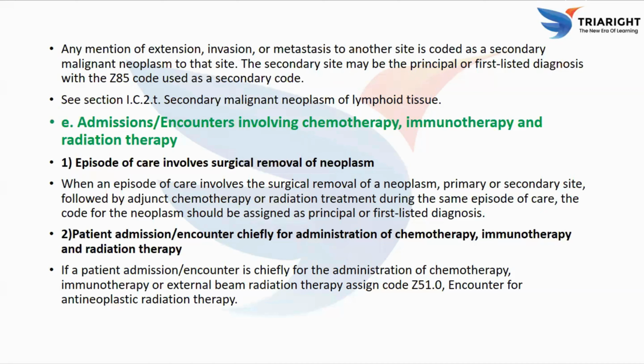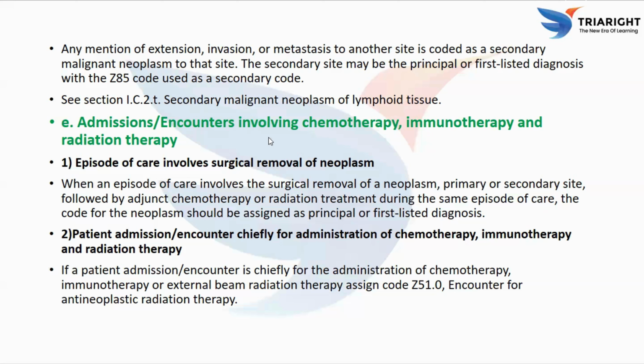For example, colon cancer previously removed. Now liver metastasis is treated. So assign C78.7 for secondary malignant neoplasm of liver as a principal diagnosis, and Z85.038 for the history of colon cancer as a secondary diagnosis. So once cancer spreads, it is an active cancer but not a history.